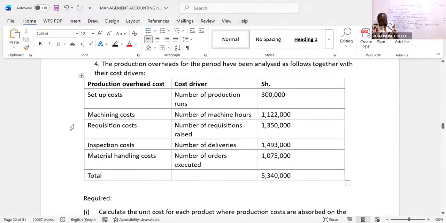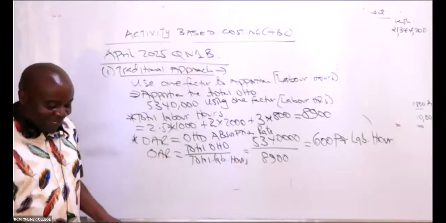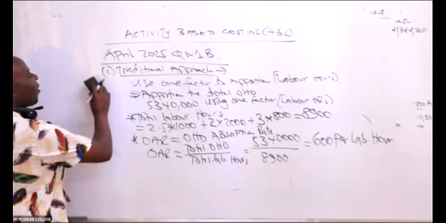So the question here, you can see, calculate the unit cost for each product and where production costs are absorbed on the base of direct labor hour. So they want us to give unit costs.